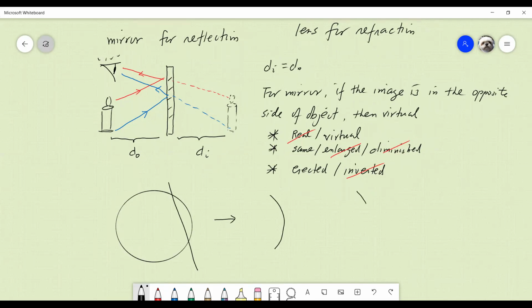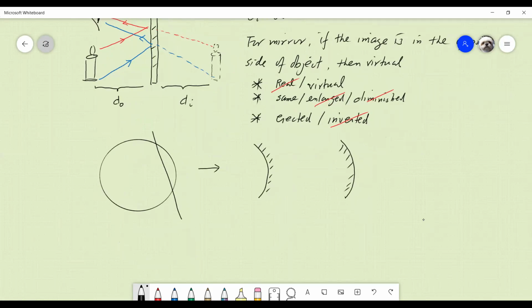Depending on which side I coat my mirror, I have a different mirror. If I coat the outer side, then I have a convergent mirror. If I coat the inner side, then I have a divergent mirror.